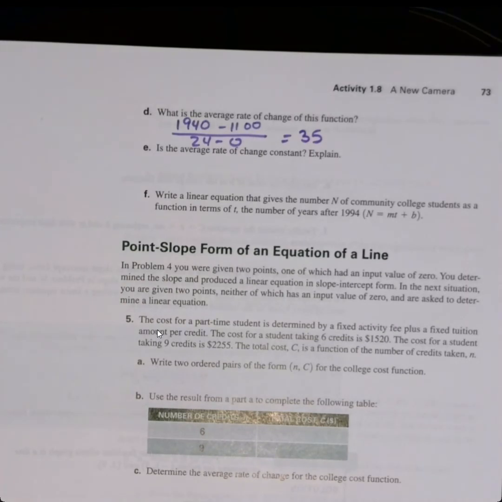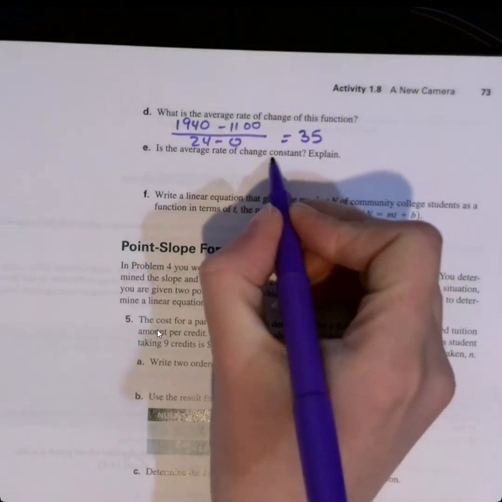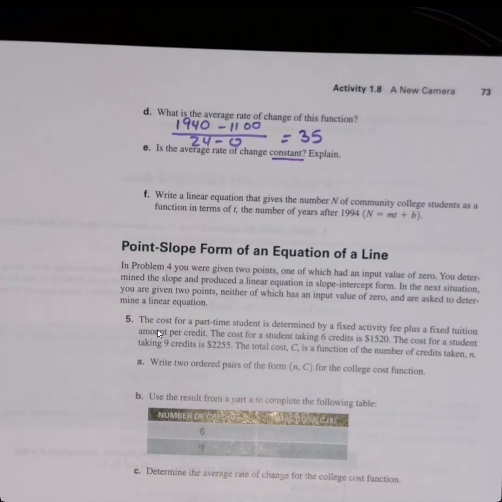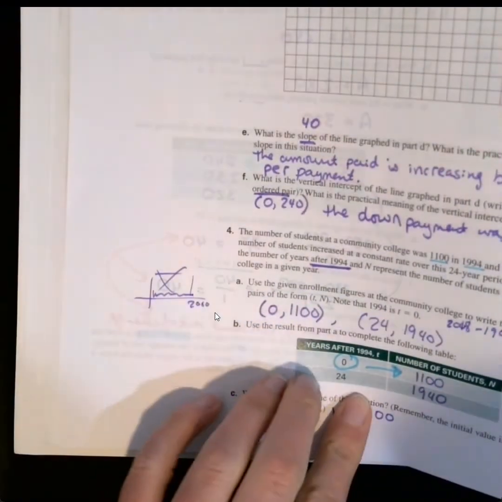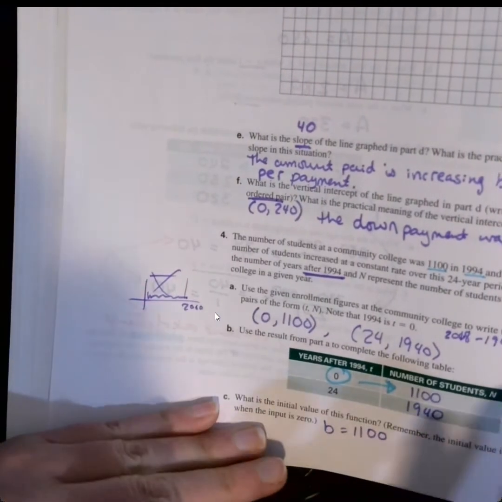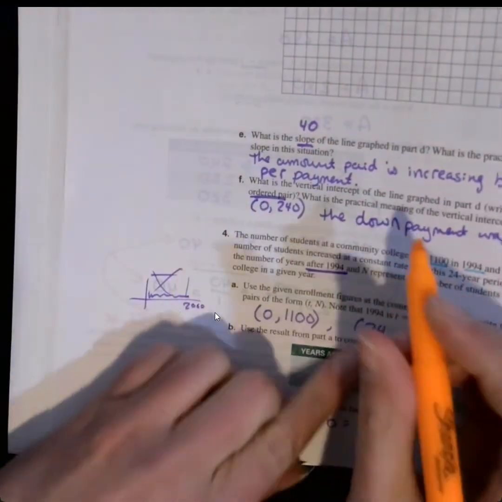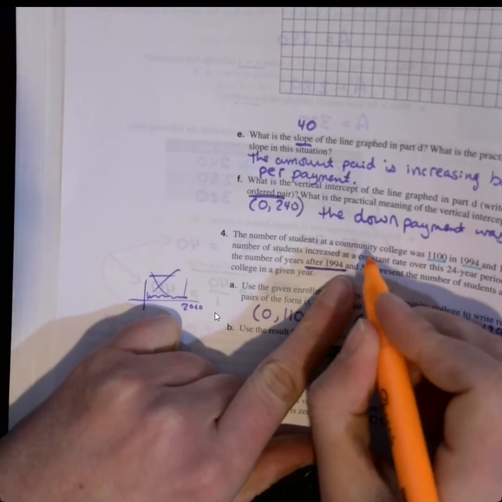Is this constant? Now, I don't have a way to prove that it's constant like we did in the other example where there were two different sets of ordered pairs and I could show that I got the same thing. So hopefully somewhere in the description of the problem, they have relayed that information. If I go back over here, it says that the number is increasing at a constant rate.